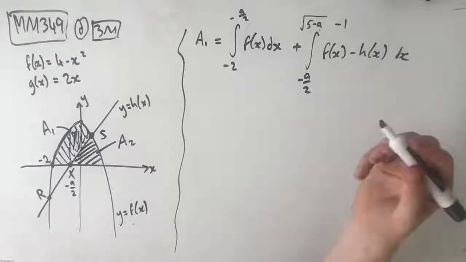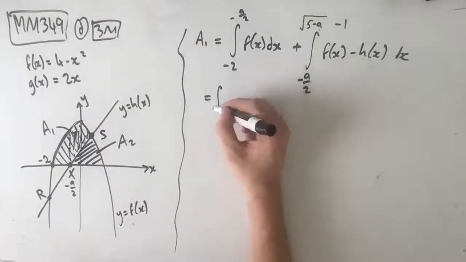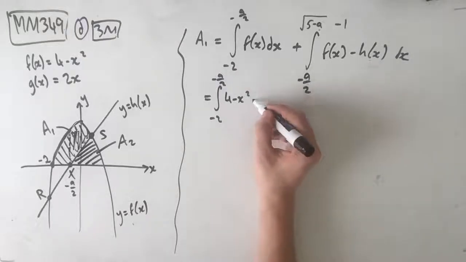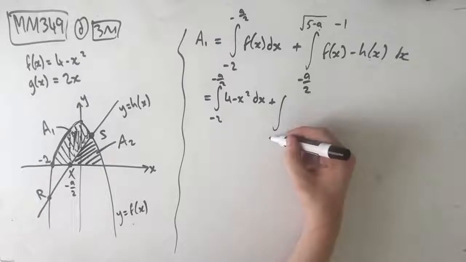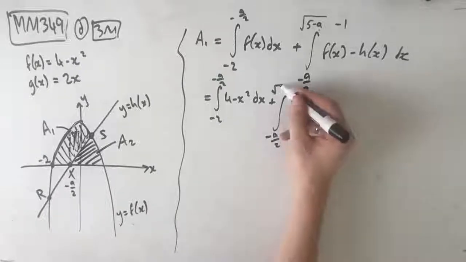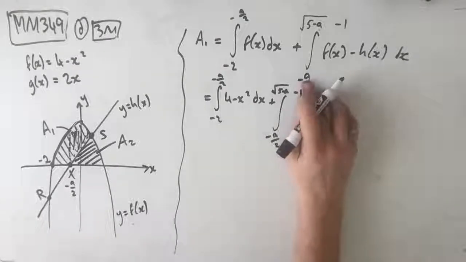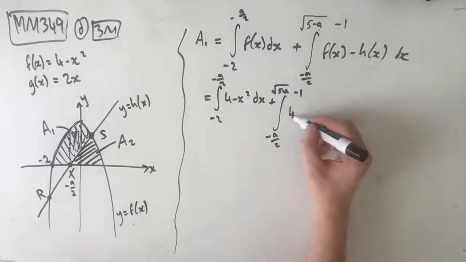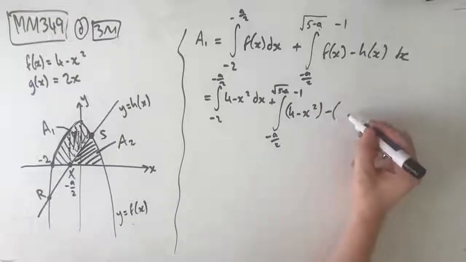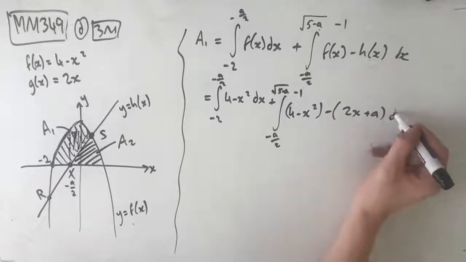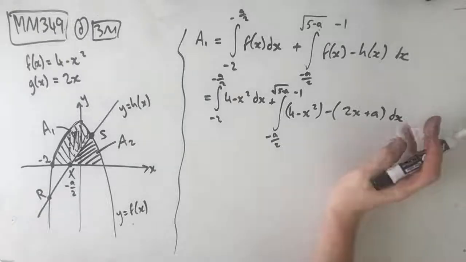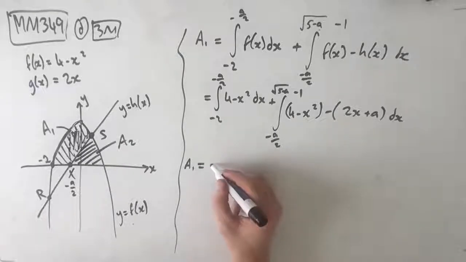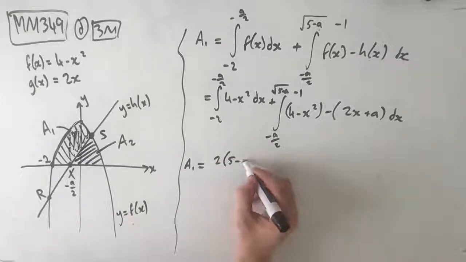Now let's input our formulas. f of x is 4 take x squared, and h of x is 2x plus a, dx.